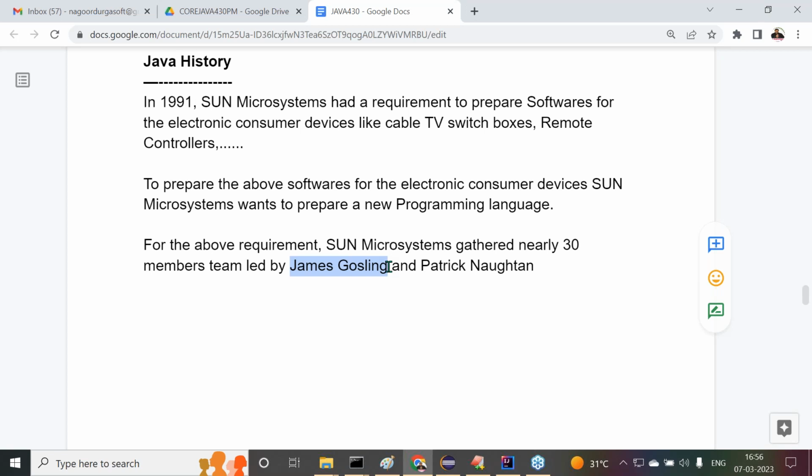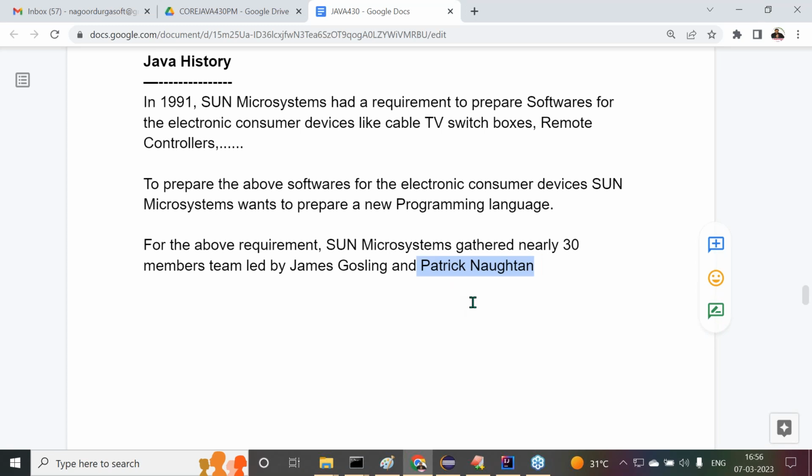Patrick Naughton then took the responsibility for the next versions. He was one of the key persons in this whole process, but unfortunately the name and fame are all with James Gosling.